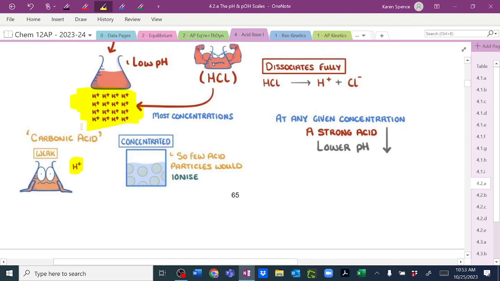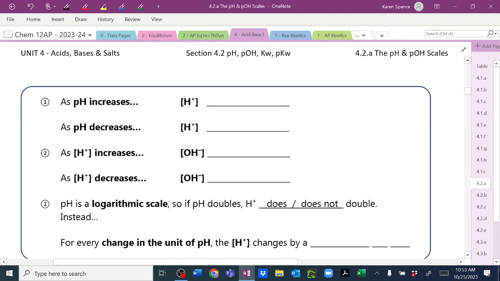Lots. So at any given good concentration, a strong acid will have a lower pH than a weak acid, unless the concentration is extremely small, like 0.000004 or whatever, with a lot of zeros. All right, let's fill this in.